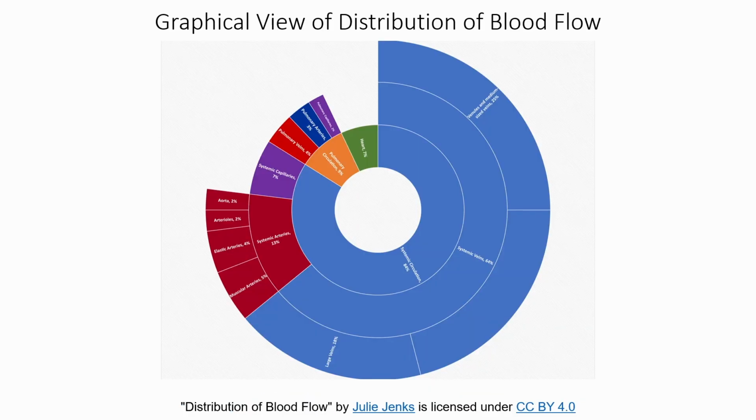If we look at where we find blood, each circle is 100%, so we have 100% here, and then this is the breakdown of that 100%, and then this is the breakdown of that 100%, so to speak. Most of our blood is in the systemic circulation, which makes sense.